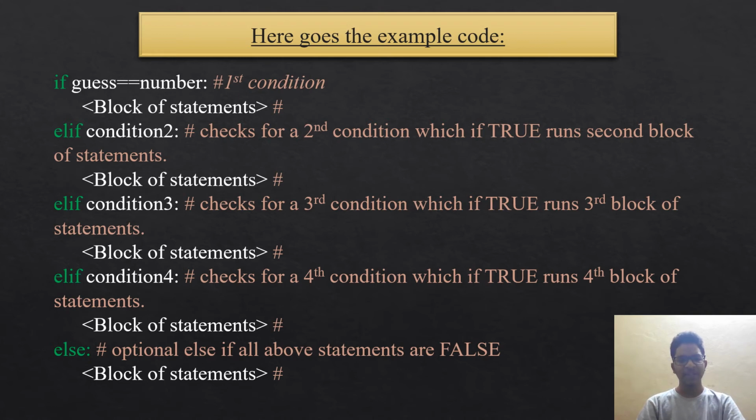Elif condition 3 checks for the third condition, which if true runs the third block of statements. Elif condition 4 checks for the fourth condition, which if true runs the fourth block of statements. Else is optional, and runs if all the above conditions are false.